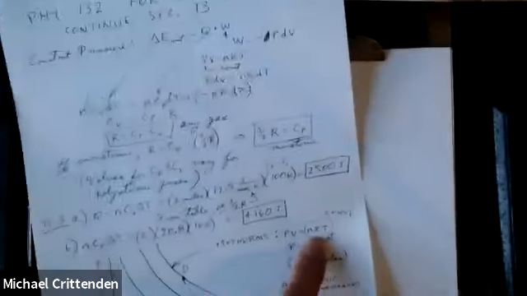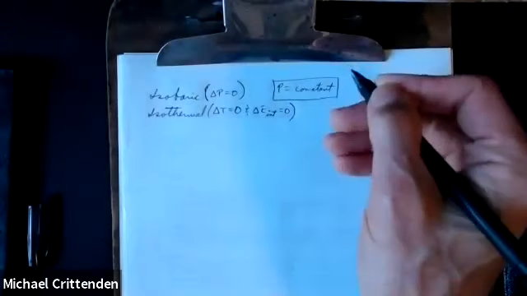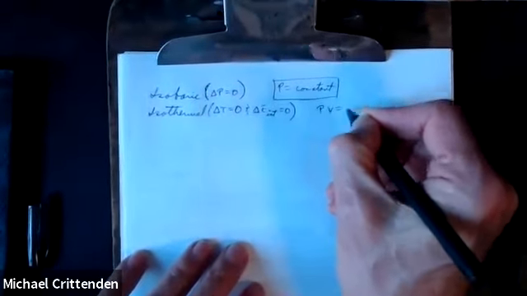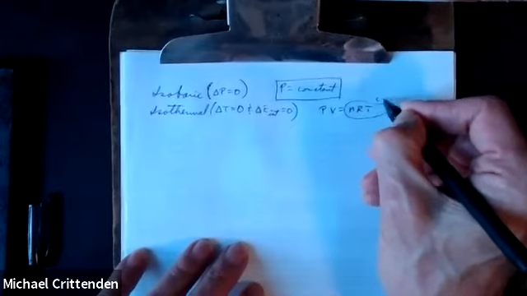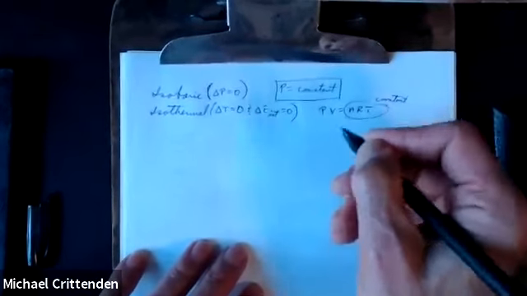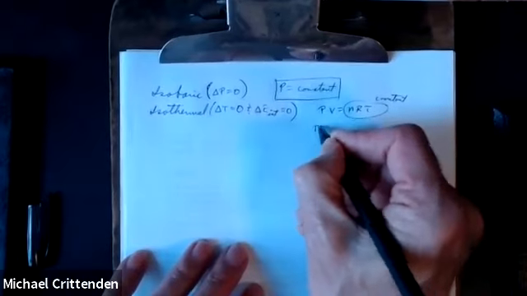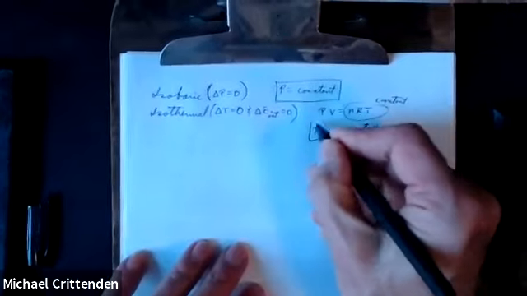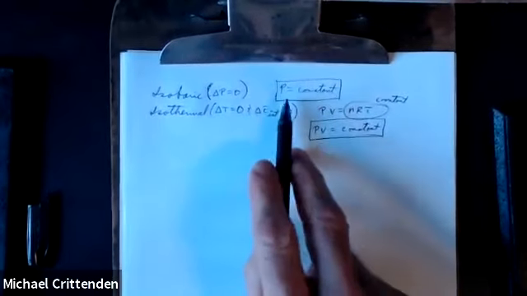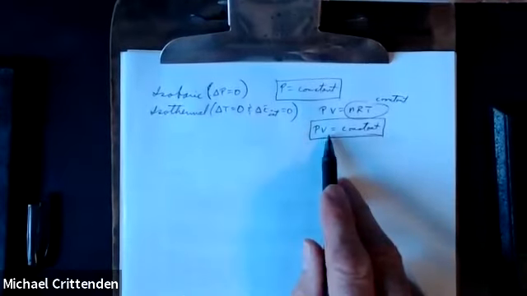Well, I sort of already covered that on the side of the page over here, but one more time, from PV equals nRT, if it's isothermal, all of that is constant. So for this one, P is a constant. For this one, P times V is a constant. That would be that hyperbolic relationship like I was talking about before.